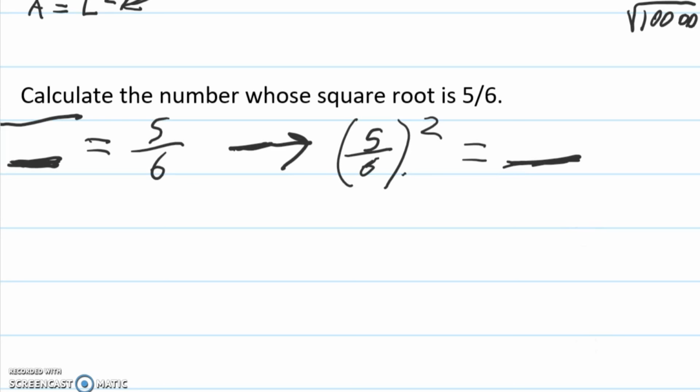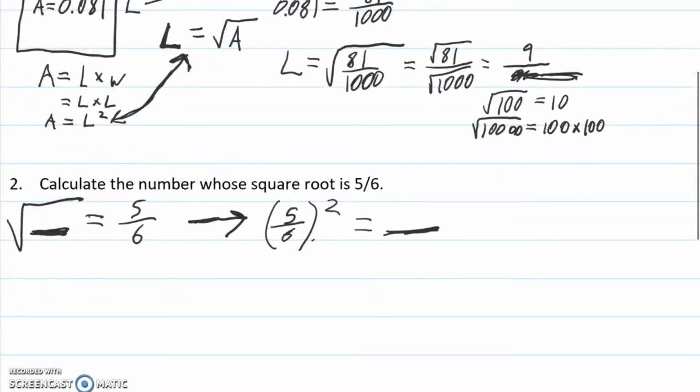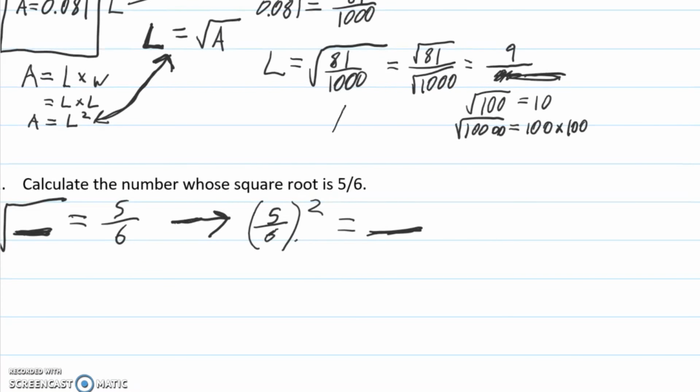So that doesn't seem very easy quite yet, but in very similar way as up here, how we can break up the square root from top and bottom, we can do that here. So we're going to do that and have 5 squared over 6 squared.